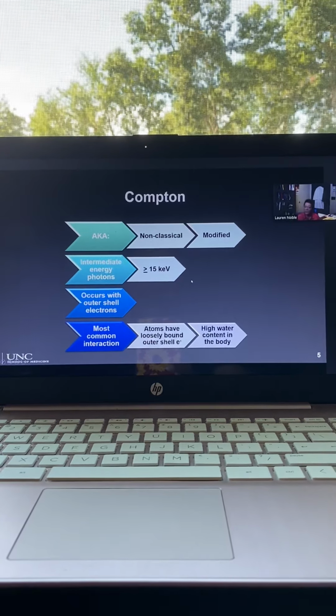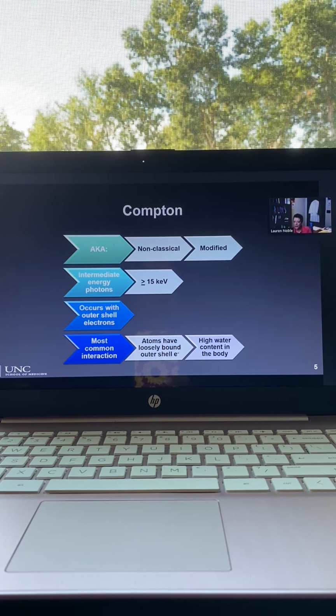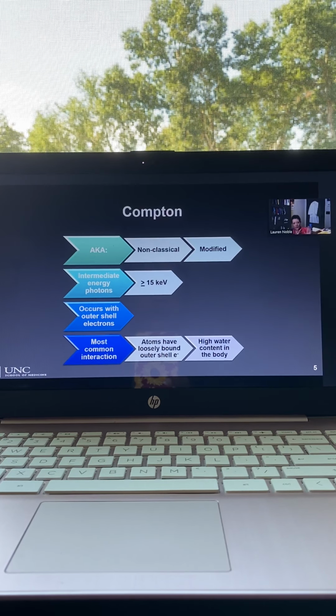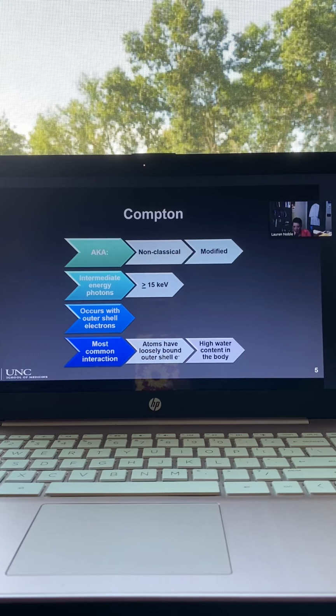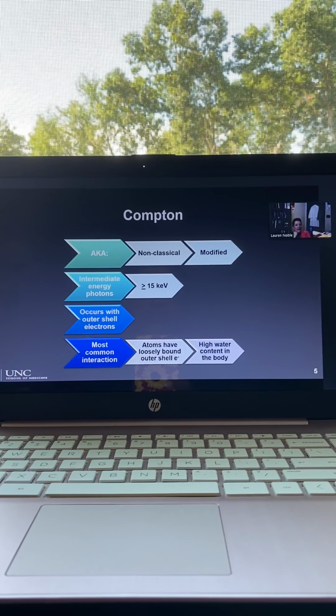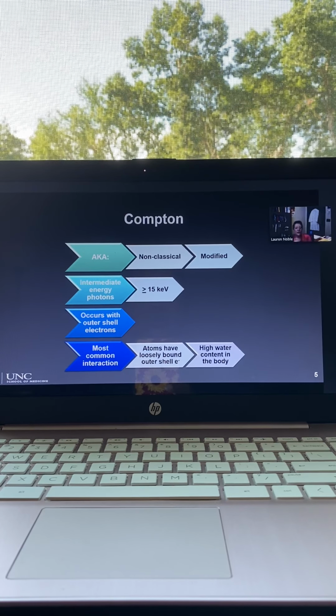Now, Compton occurs with what we classify as intermediate energy photons, which can be classified as equal to or greater than 15 keV. You might be saying, well, why isn't it greater than 30 keV?